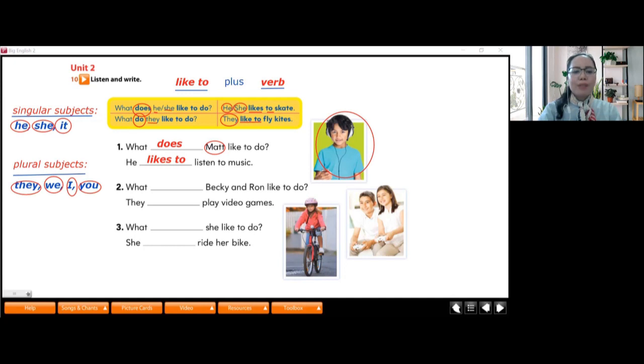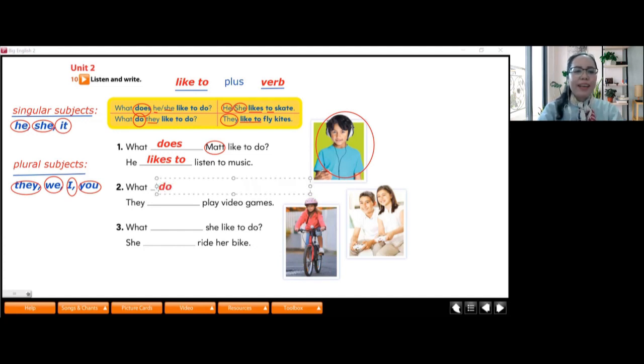Good. Number 2, what blank Becky and Ron? Okay, so here it's a plural subject, Becky and Ron, more than one subject. We know from my explanation before, if we use a plural subject, we have to use the verb do or does?